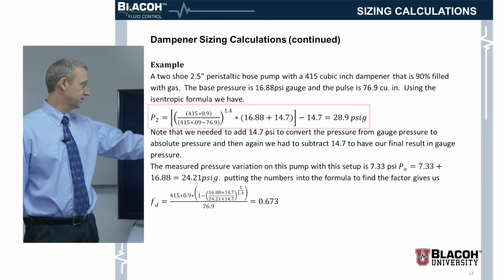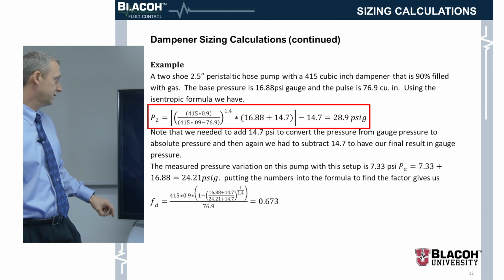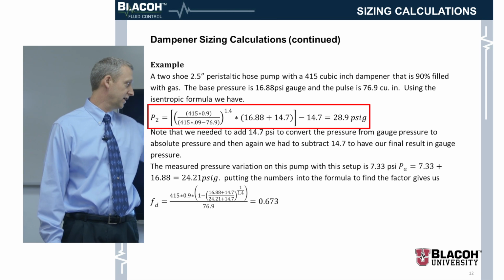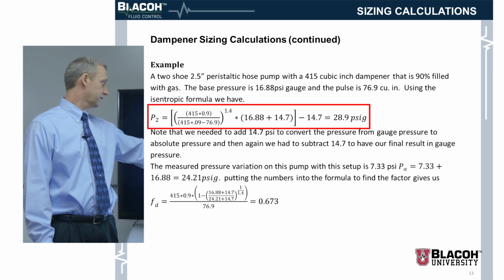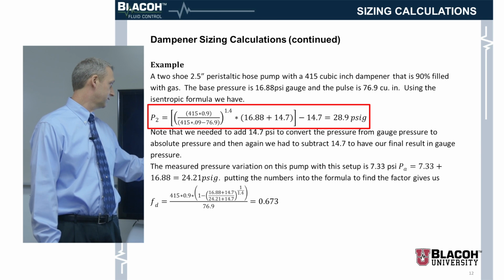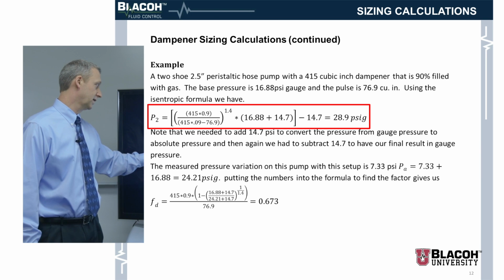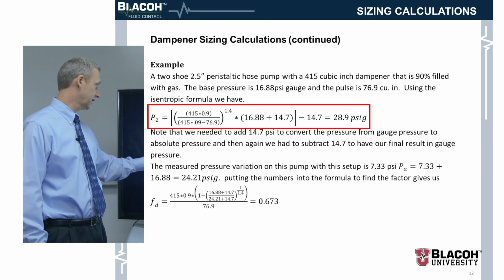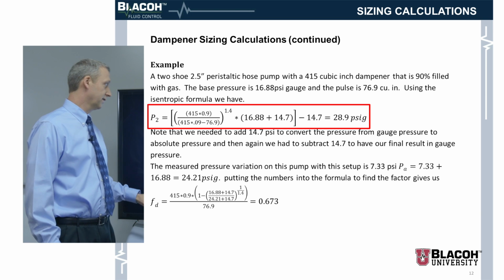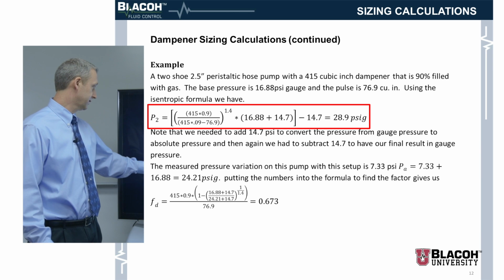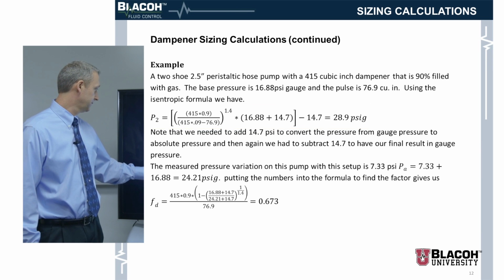So we put that into the formula, and we get a calculated variation of 28.9 psi. And of course, we've added our 14.7 psi to get from gauge pressure to absolute pressure, and again we subtracted it for the final result to get it in gauge pressure, because that's what we want to look at in this case.